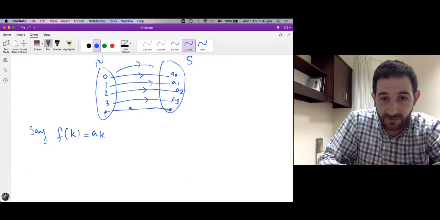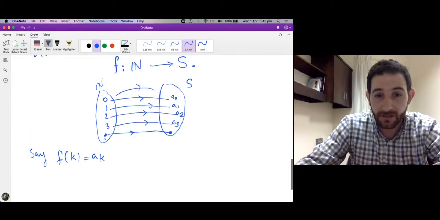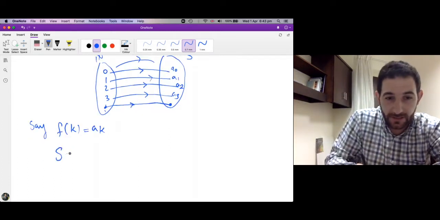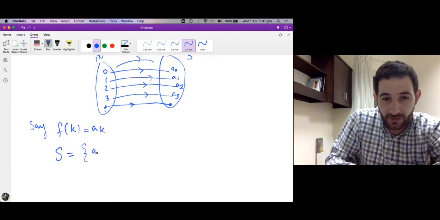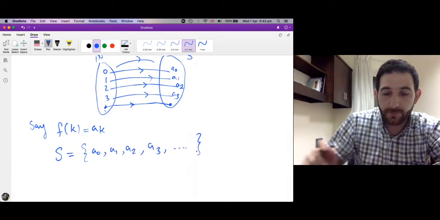This is because it's a bijection. Then all of the elements of S are in the range of f. This means that S can be written in this way: a0, a1, a2, a3, and so on.